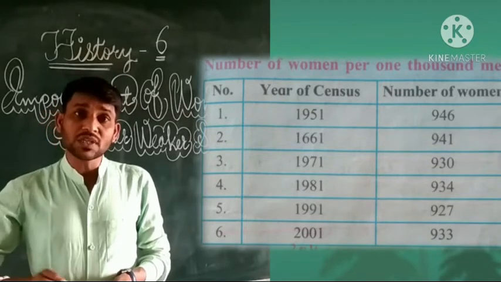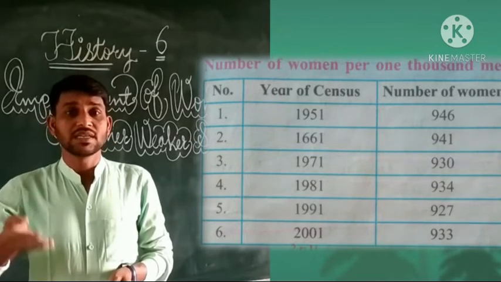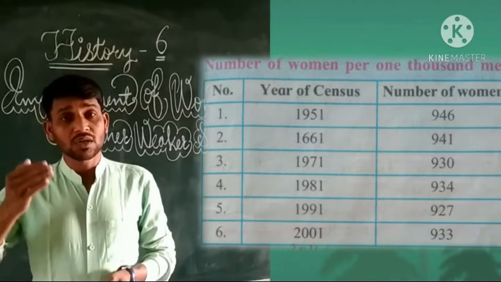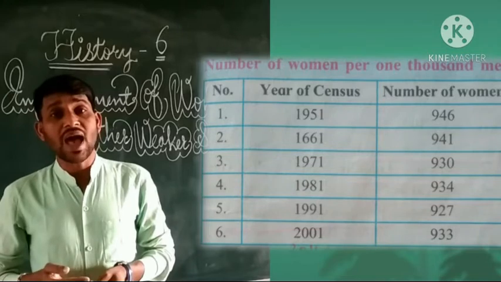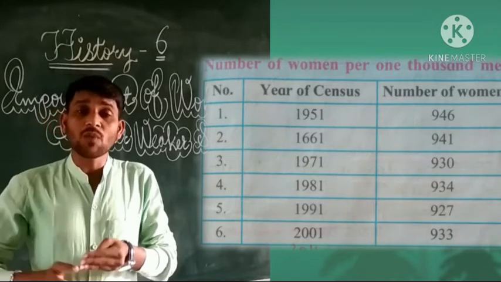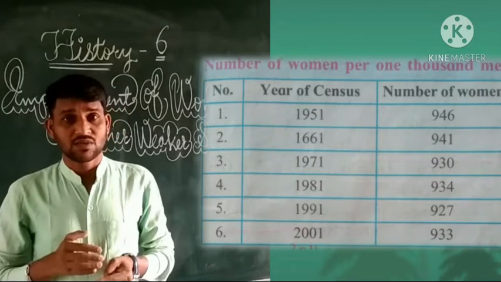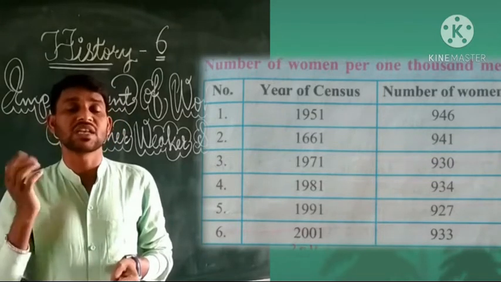To improve this, in the censuses from 1951 to 2001, we saw a variety of variations in the number of women, which increased.